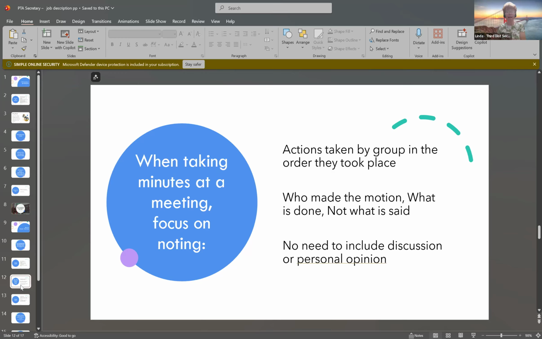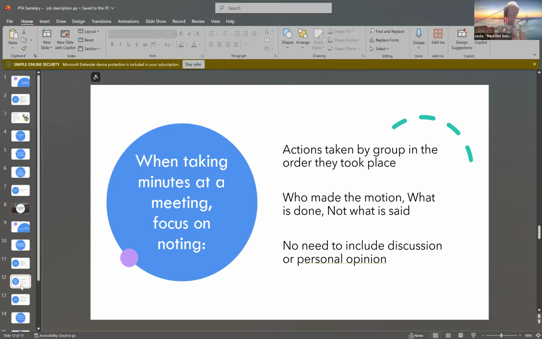And then there should be a second. And it's not what was said, because the discussion doesn't have to be noted, but the specific motion or what the request is for, and then how it was voted on.